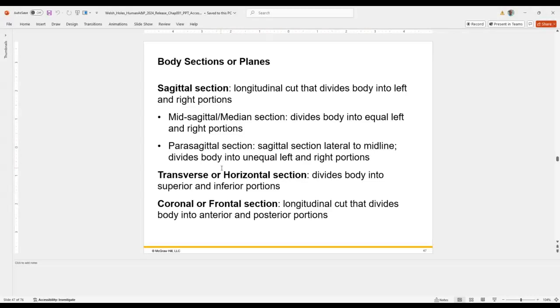Now, some pictures will divide the body into a left and right, but not exactly in the middle, and that's parasagittal. Okay, a transverse or horizontal section divides the body into superior and inferior portions. A coronal or frontal section is a longitudinal cut that divides the body into an anterior and posterior portion, or a front and a back.